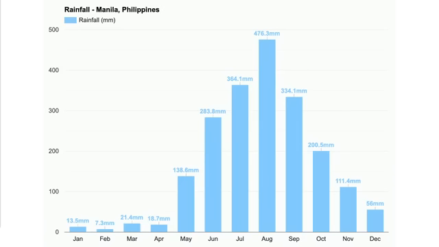So this is the amount of rainfall in Manila. Let's say in August, it's about 476.3 millimeters on average throughout the year. That is measured by rain gauges. Pag-asa has this calibrated and they are all expressed in millimeters.